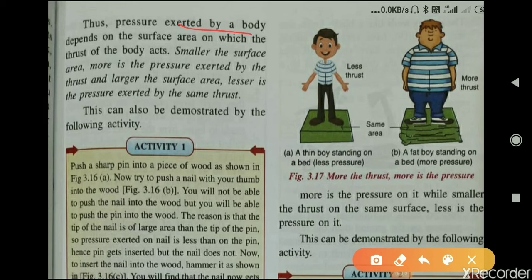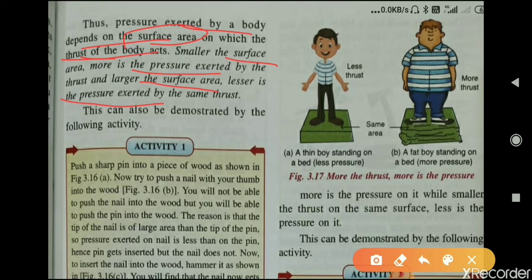Thus, pressure exerted by a body depends on the surface area on which the thrust of the body acts. Smaller the surface area, more is the pressure exerted by the thrust, and larger the surface area, lesser is the pressure exerted by the same thrust.